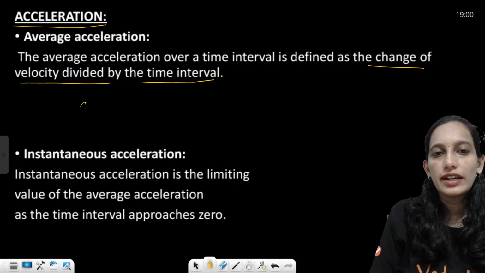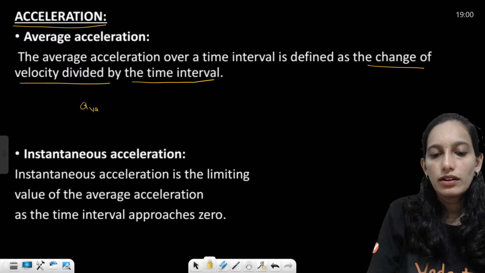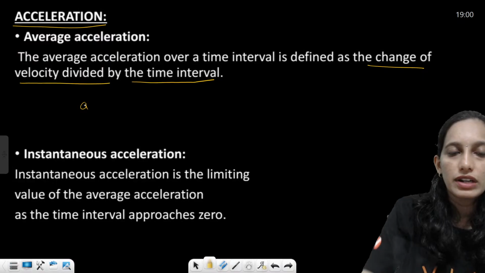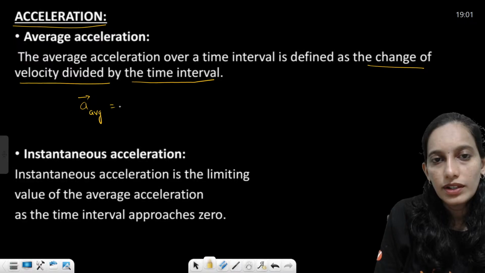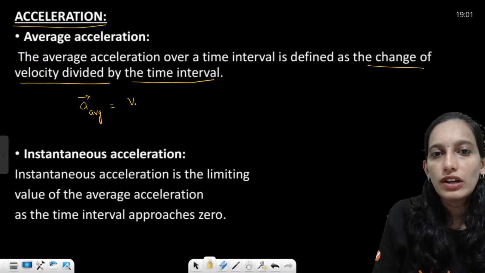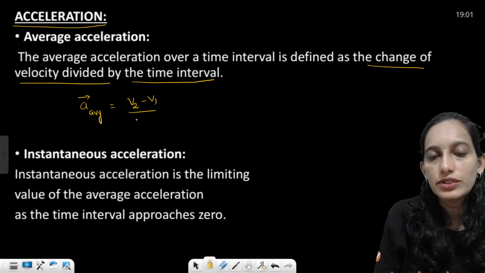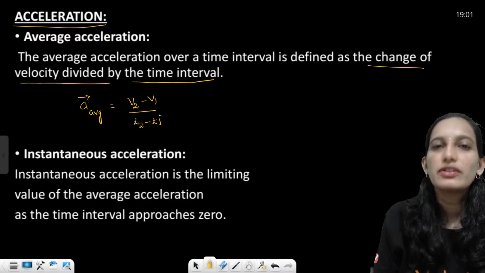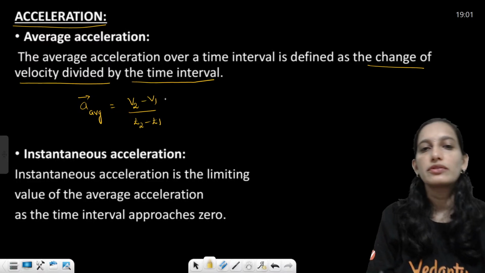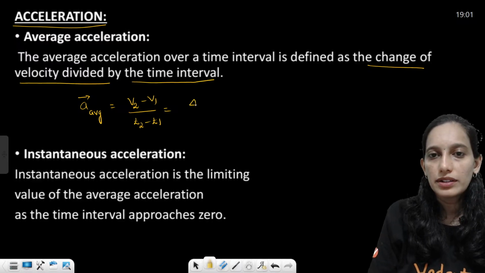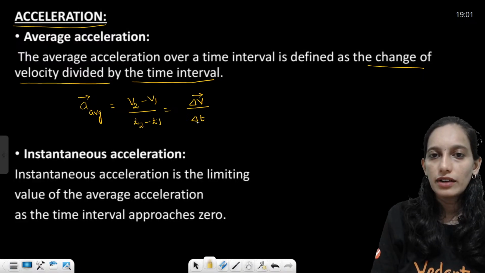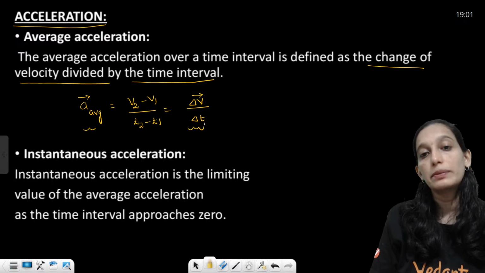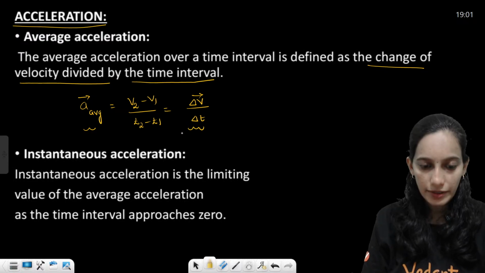Just like we defined average velocity, average acceleration can be given by the change in velocity, that is v2 minus v1 by t2 minus t1, or initial time na 0 anta assume madirthivi most of the time, or this can be written as delta v by delta t. So direction of average acceleration will be along delta v.